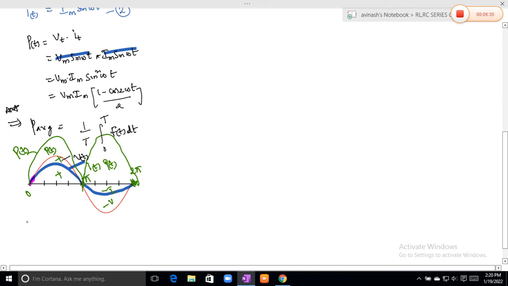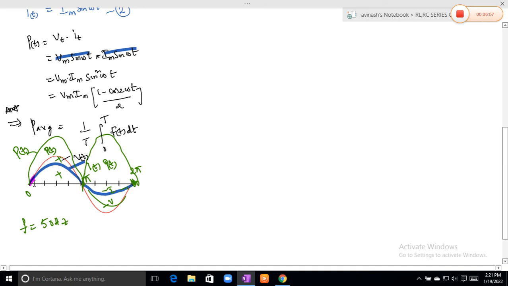What did you understand from this? Frequency is the number of cycles completed per second. Let us take 50 Hertz, meaning 50 cycles per second. During one cycle, voltage completes one cycle from 0 to 2 pi, and current also completes one cycle from 0 to 2 pi.